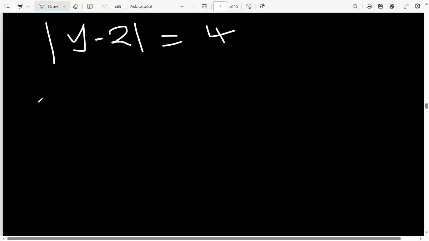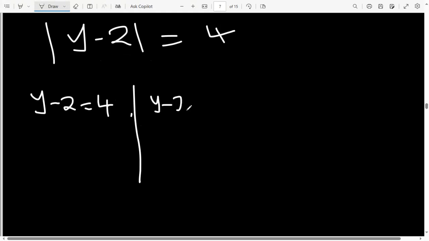You just remove the modulus and say y minus 2 is equal to 4. And on the other one, you say y minus 2 is equal to negative 4. So from this one equation we end up with two equations, because it had a modulus.